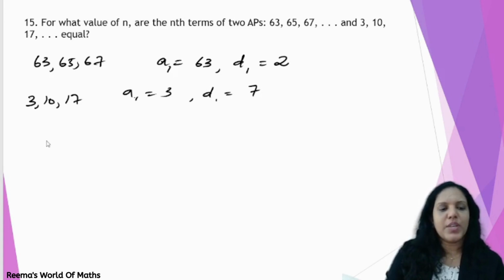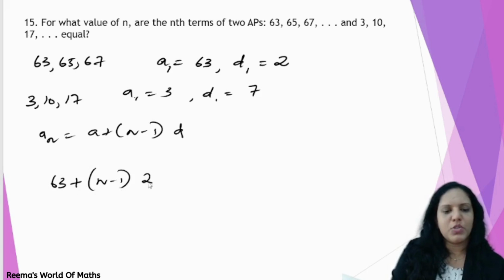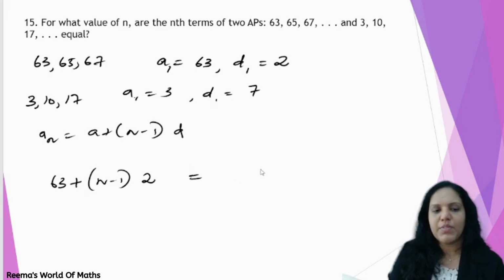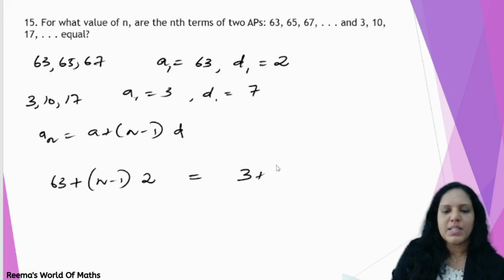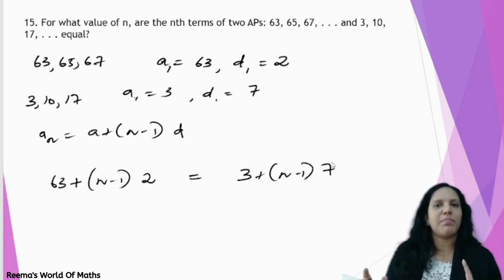For any nth term we can write a plus n minus 1 into d. From the first AP, a is 63, so 63 plus n minus 1 into 2, which equals, from the second AP, 3 plus n minus 1 into 7. We have been given that the nth terms of these two APs are equal.